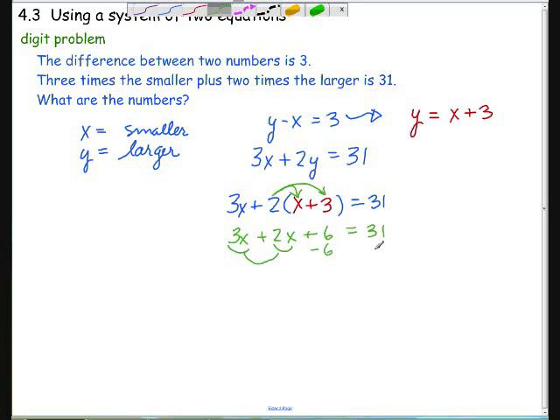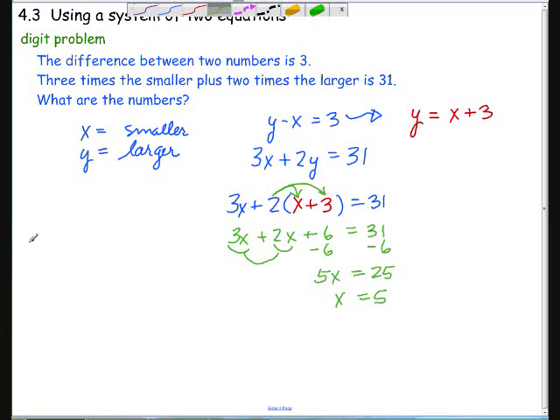I can subtract 6 from both sides, and then I will have all my x's on one side. That will be 5x's, right? 5 times x equals, I subtract, and what do I get? 25. Oh, this is looking good. So my x is 5.